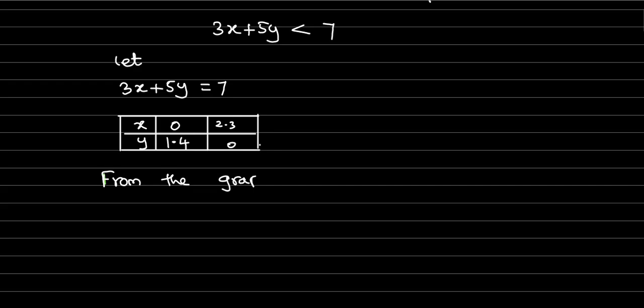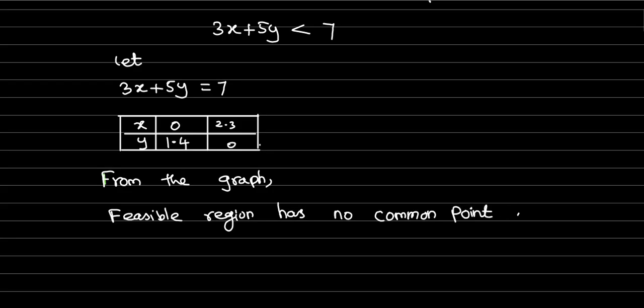From the graph, what we observed is that the feasible region has no common point with 3x plus 5y less than 7.